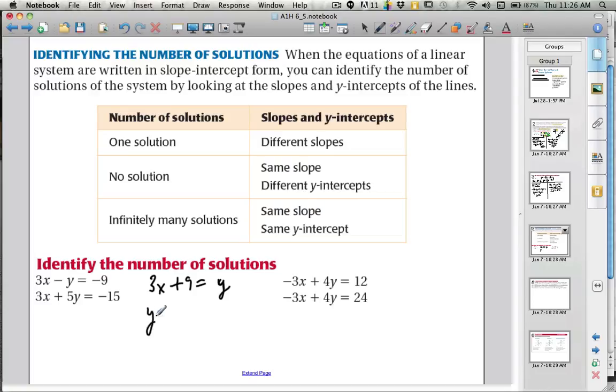So in this case, y will be equal to negative 3/5 x minus 3. Different slopes, right? We have a slope of 3 and a slope of negative 3/5. This has one solution.